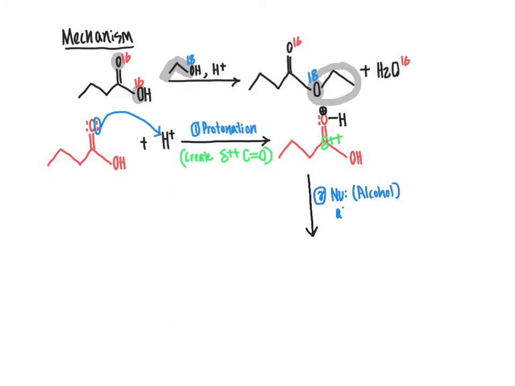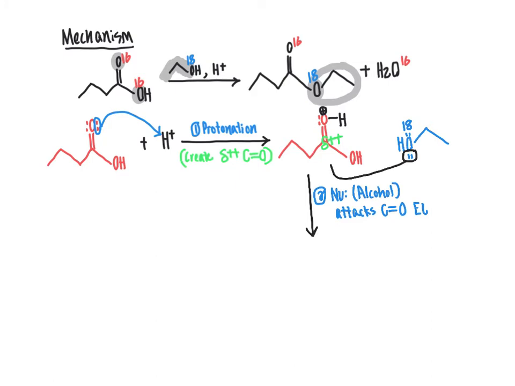So the nucleophilic alcohol attacks the carbonyl group that is electrophilic. So we'll show that happening with our alcohol coming in, and I'm going to go ahead and remember to label that as oxygen 18 to emphasize where the isotopic label will end up.